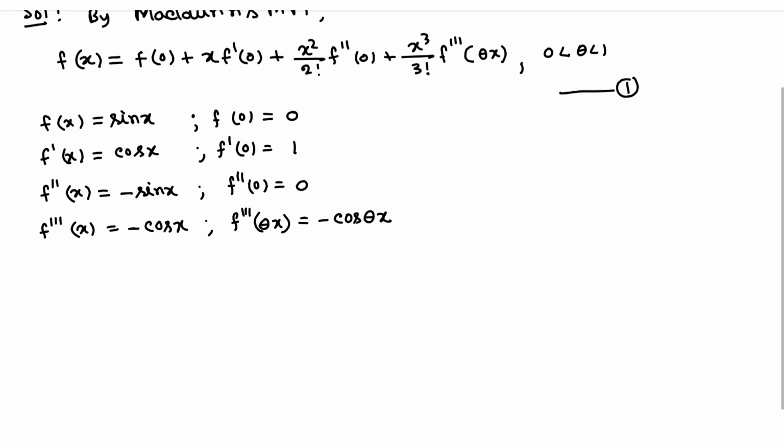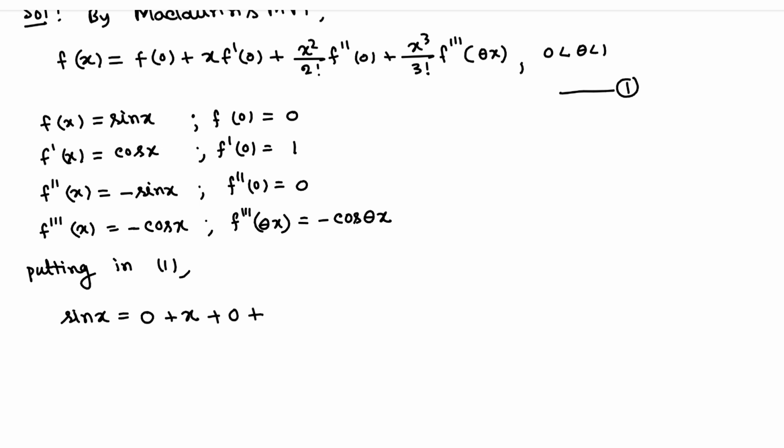Now just put these values, putting in equation number 1. What will you get? f(x), that means sin x, equals f(0), that means 0, plus x f dash 0, so x into 1, that means x, plus x square by 2 factorial into 0, that means 0, plus x cube by 3 factorial into f triple dash theta x, that means minus cos of theta x.